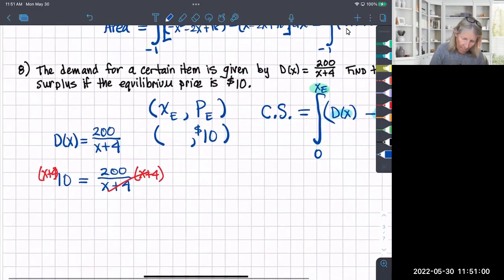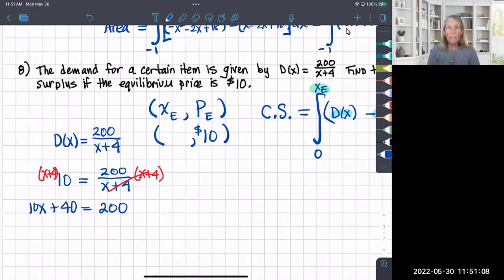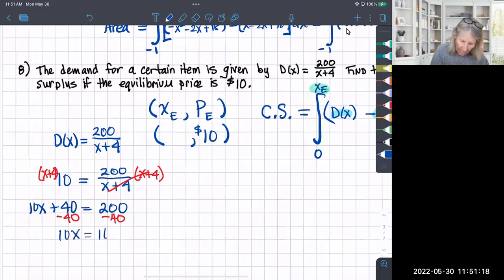That gives me 200 equals, let's distribute, 10X plus 40. Let's solve for X. Move your 40 over, and that gives me 10X equals 160, and divide by 10: 16. Okay, so the quantity at equilibrium is 16.